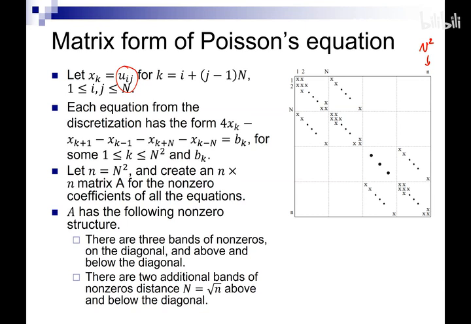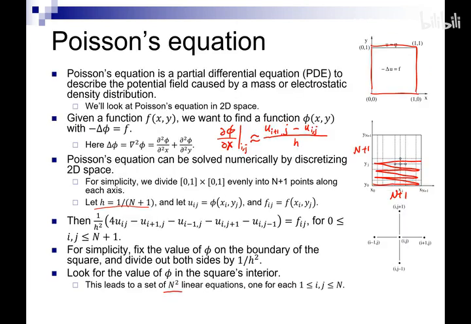This picture shows where the non-zeros are. In general, from the previous page, we're trying to solve this equation. You see that, for example, this thing over here is going to be x of k. Then this is going to be x of k minus 1, and this is going to be x of k plus 1. And then these two things are in a different row.